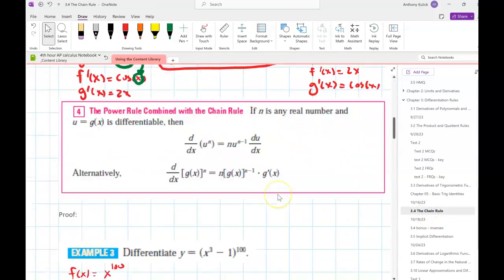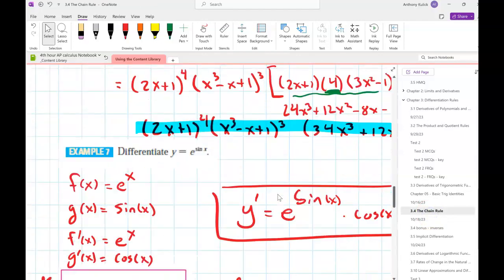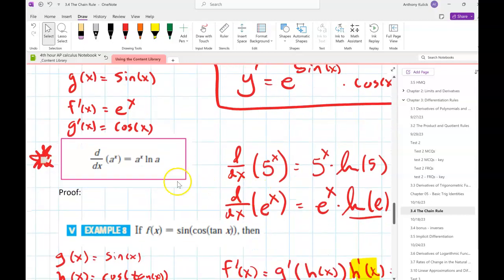It was here. 5 to the x is just 5 to the x times the natural log of 5. So that's all you need. You don't even really need a chain rule to do that. What if there was a problem in 3.4 though? It was 5 to the negative 1 over x.